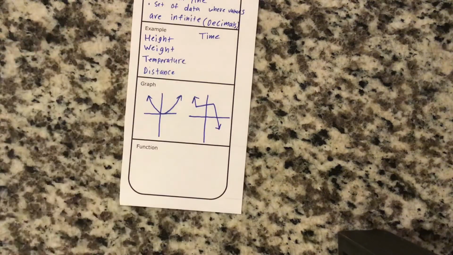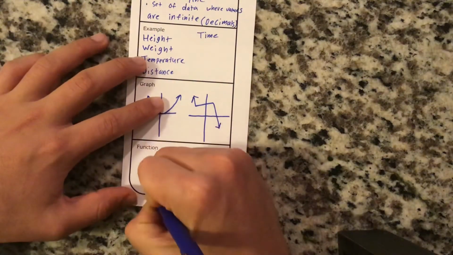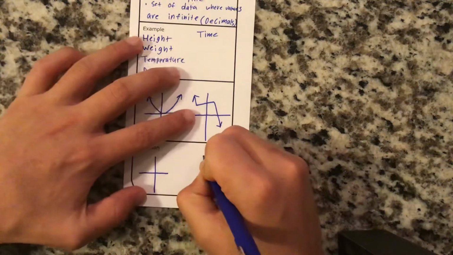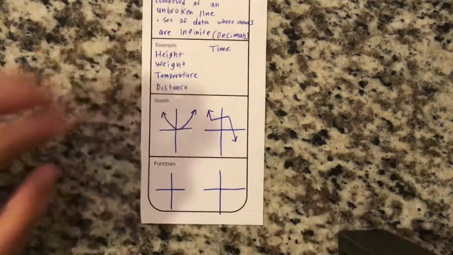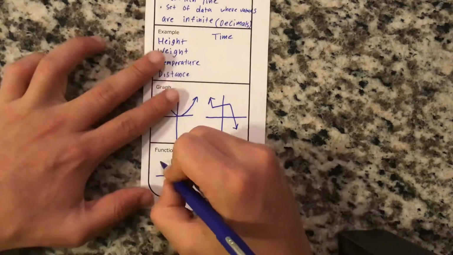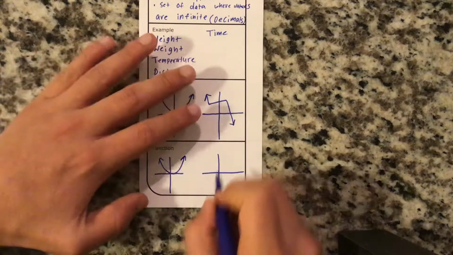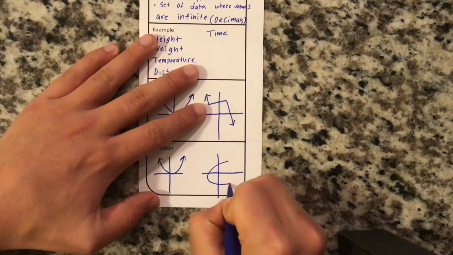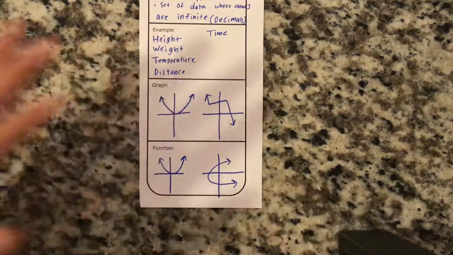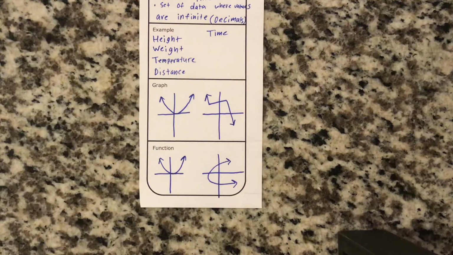That's what makes this discrete and these continuous, okay? And then we finish off with the functions. So just like discrete graphs, continuous graphs can be functions or not functions. So let's draw our 2 graphs. So let's say we have, let's do a little parabola again. And let's do something like this. Okay? So same thing, same rule, or the same test, really.